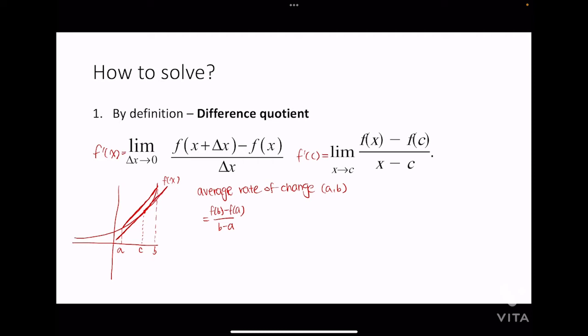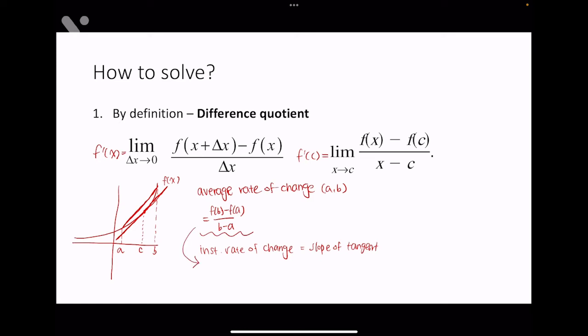So now the question is, then, how do we calculate the slope of the tangent line? Now we know that the instantaneous rate of change equals the slope of tangent line. So how do we calculate this? We can use this equation to calculate this.